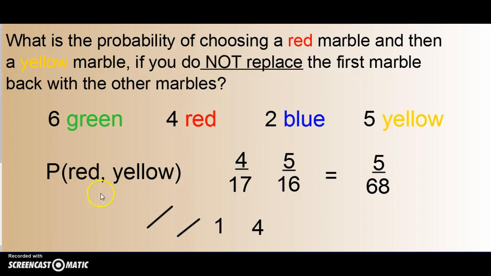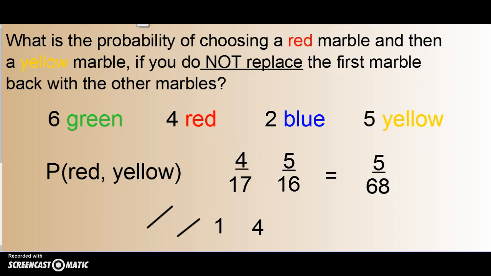So when you see it written like this, especially with that comma in the middle, you're thinking it's 2 turns, not 1 turn, 2 turns. So you would say, how many red? 4 out of how many in all? 17. And then consider that to get the yellow marble, there are only 16 marbles left in the bag. You didn't put that first marble back.